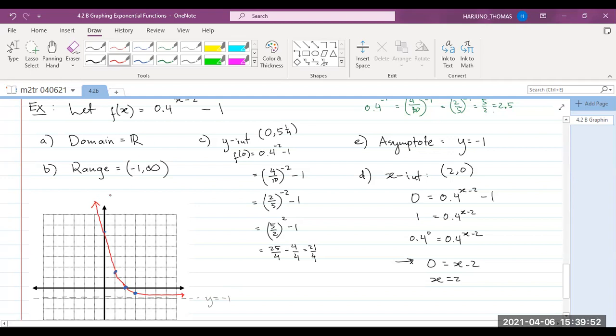Okay, this is our y equals to 0.4 to the x minus 2 minus 1.